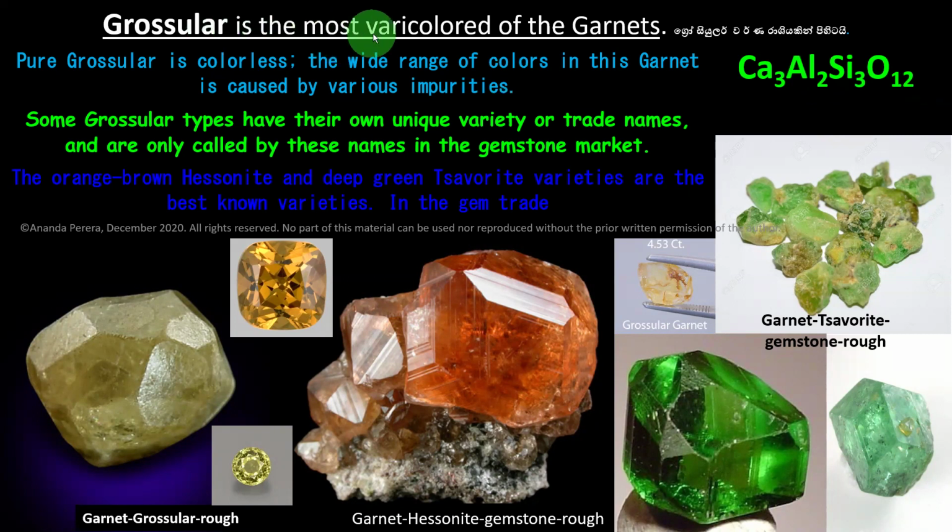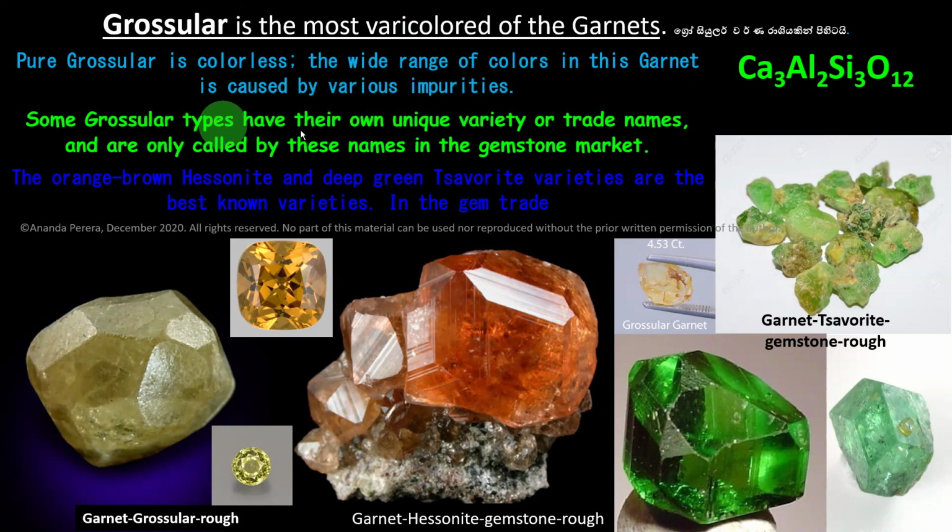Grossular is the most vari-colored of the garnets. Grossular garnets come in different colors. Pure grossular is colorless. The wide range of colors in this garnet is caused by various impurities.